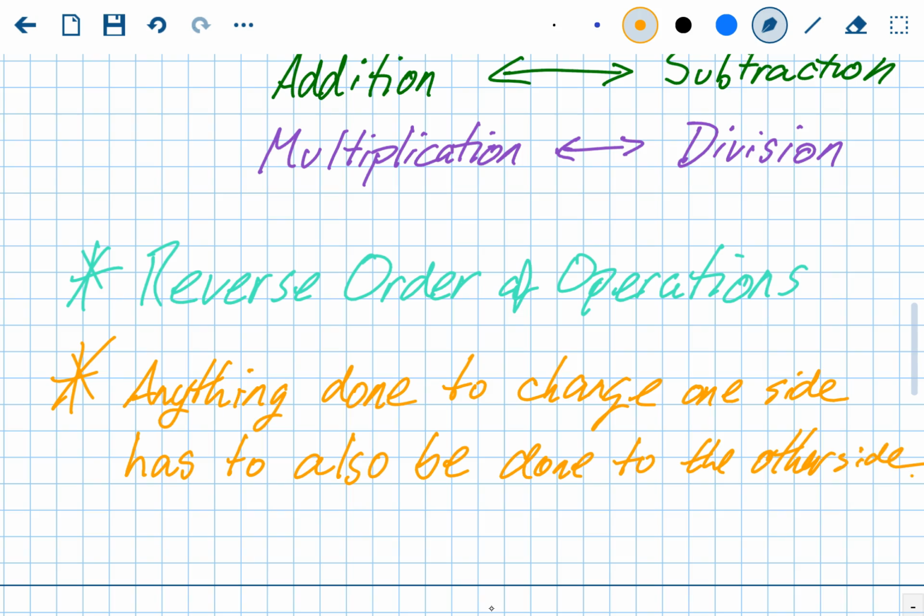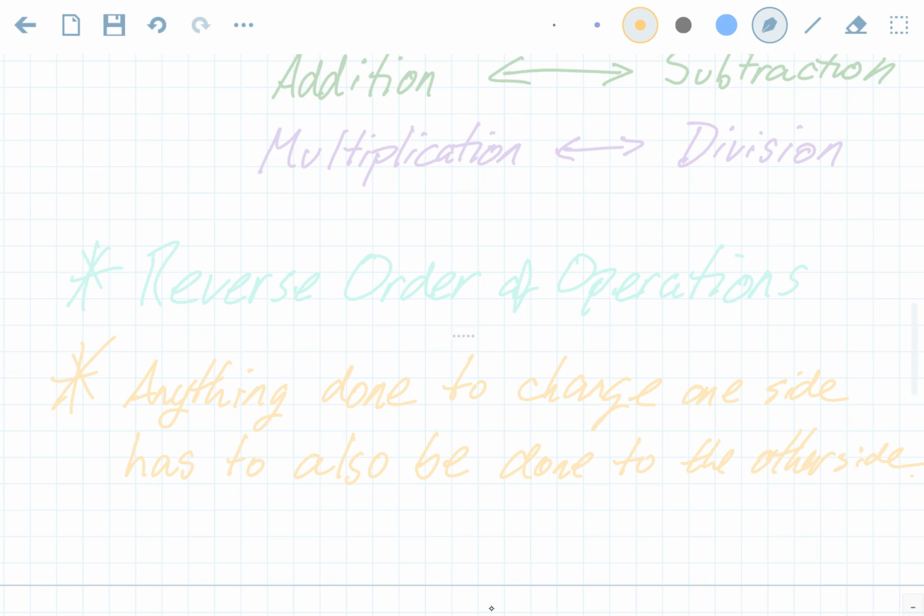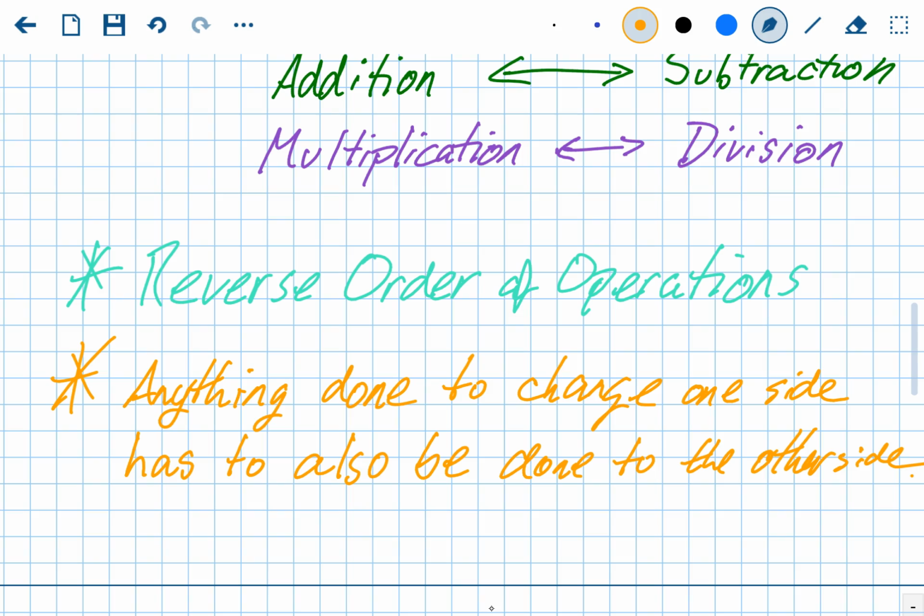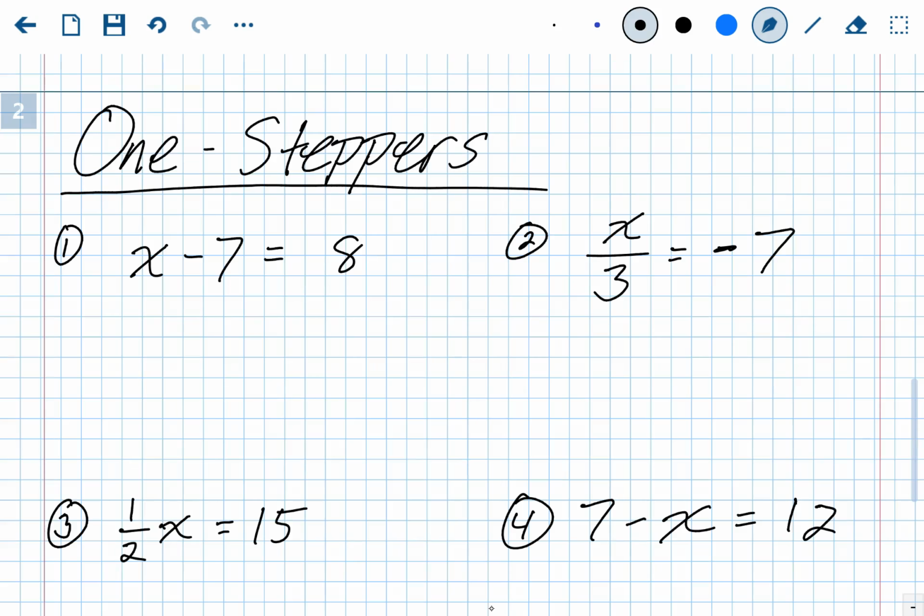Okay, because we need everything to be balanced. We need the left side and the right side to always stay the same. So if you're going to add 5 to the left side, you also have to add 5 to the right side, so that your equation doesn't change. Okay, the key concept of that doesn't change. It's just a balanced equation. Okay. You can't do something to one side to change the left side and have it still equal the right side.